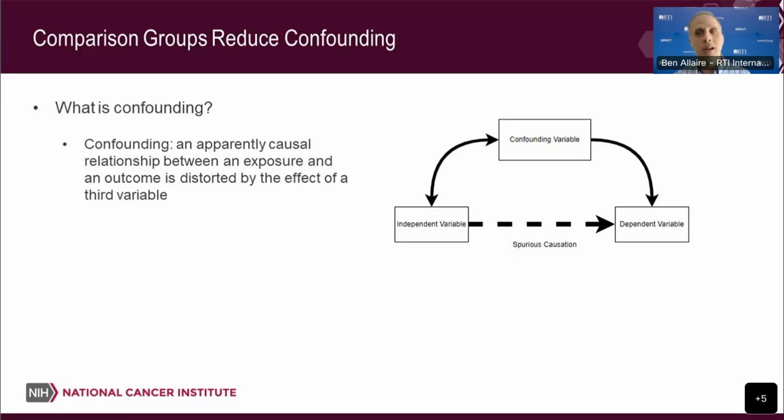An appropriate selection of a comparison group will allow you to reduce the impact of confounding. For our example today, it really helps us explore what would have happened in the absence of cancer diagnosis for cancer and non-cancer comparison groups.